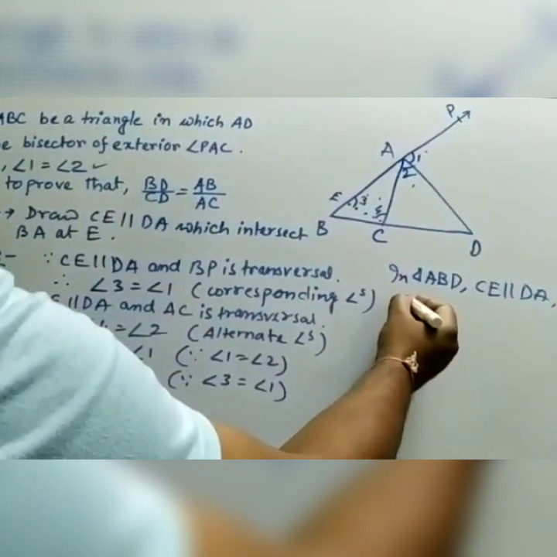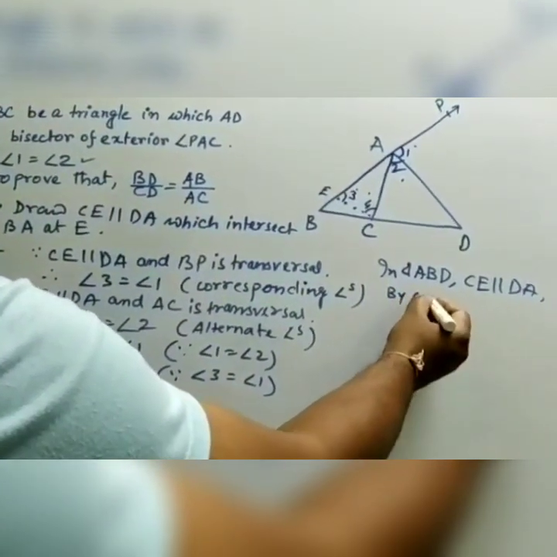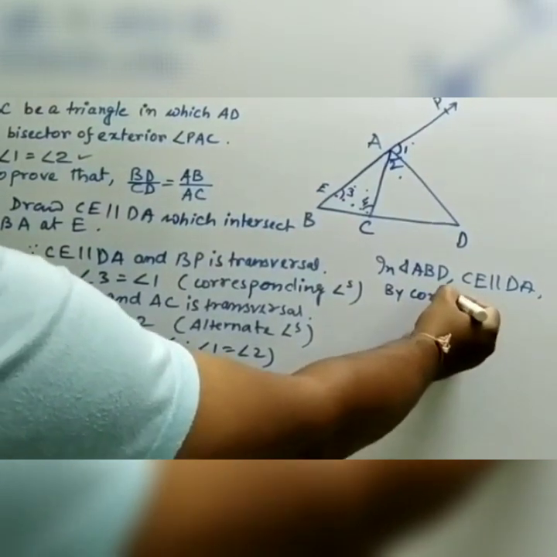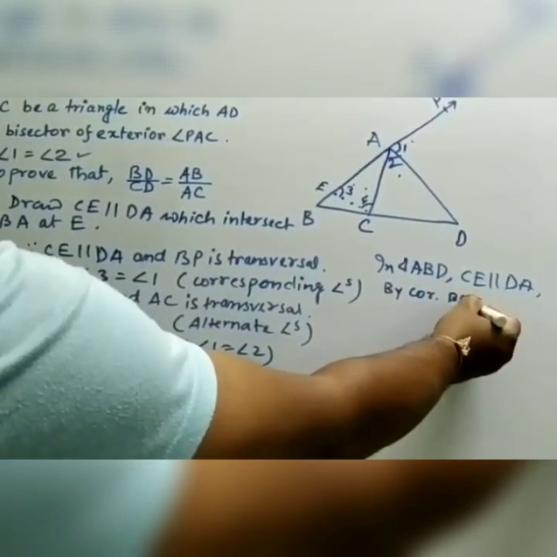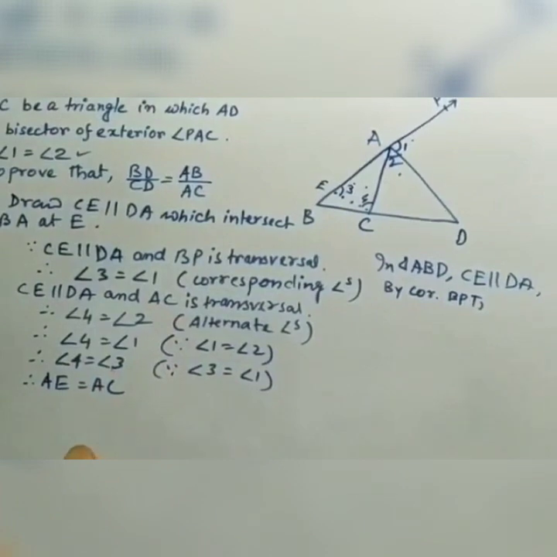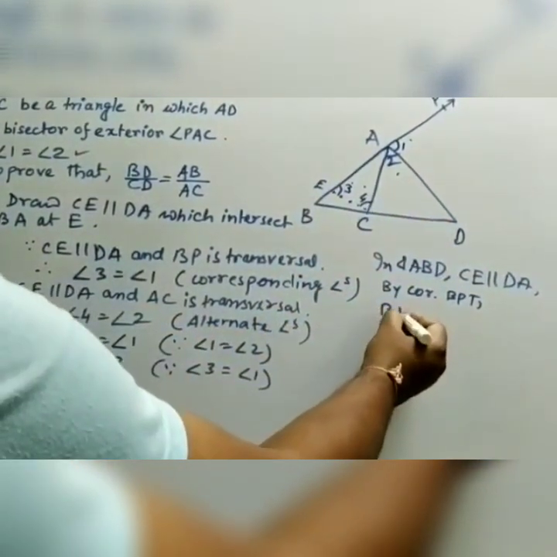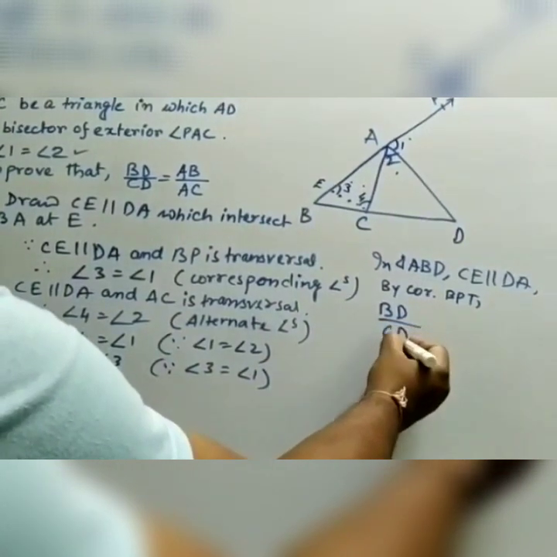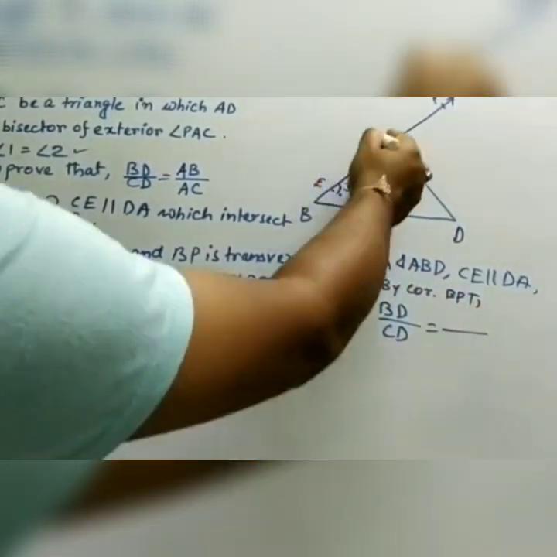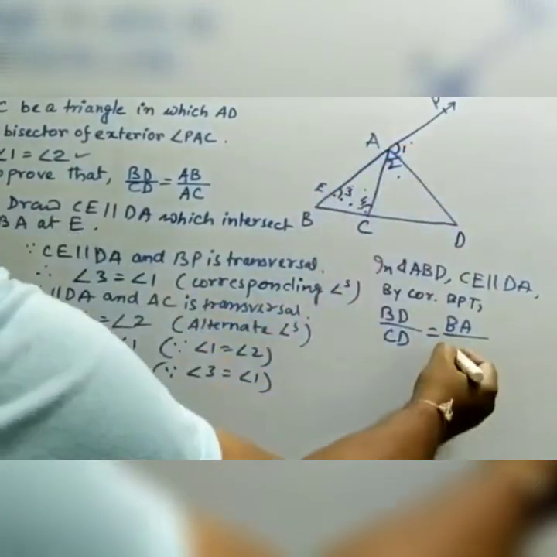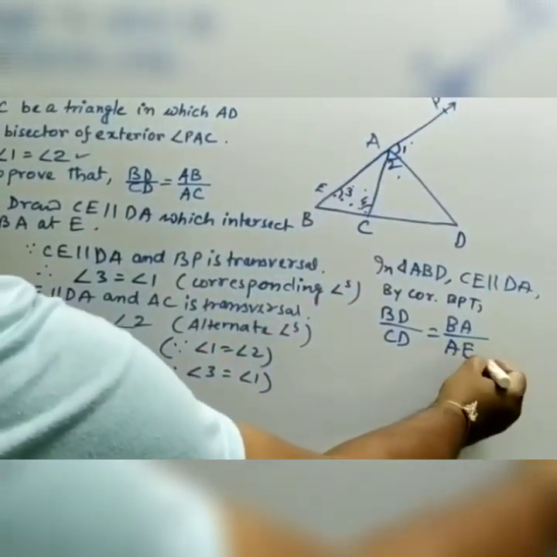So that's why, by the corollary of BPT, which you got in the previous part 1 video, not by the actual BPT but from the corollary, we have BD by CD equals BA by EA, that is AE we are taking.